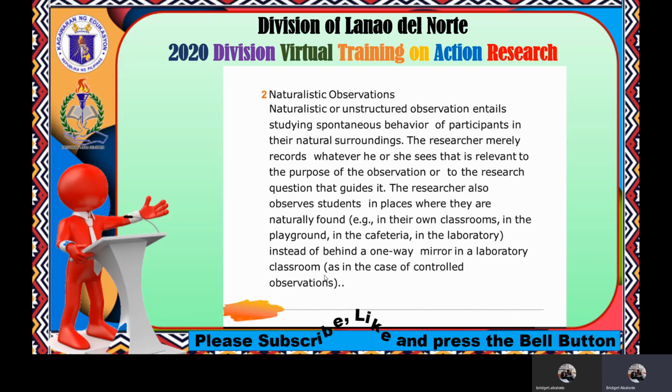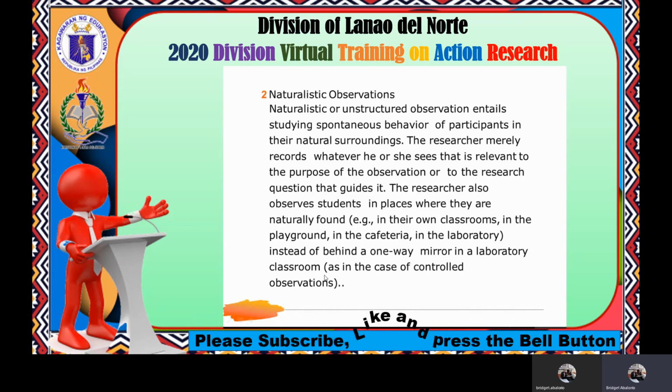One of the strengths of naturalistic observation is that there is ecological validity in the data collected because behavior flows naturally. Natural lang siya, dili nakaset up. Another strong point is that it can spawn new ideas for interventions for future implementation. So, magamit siya sa uban nga action research.